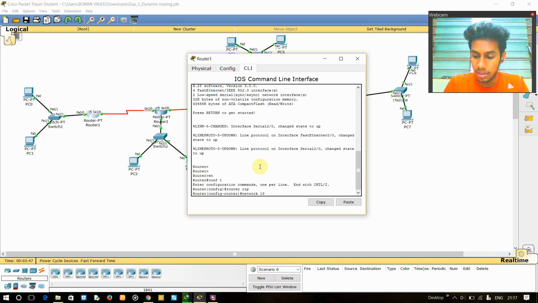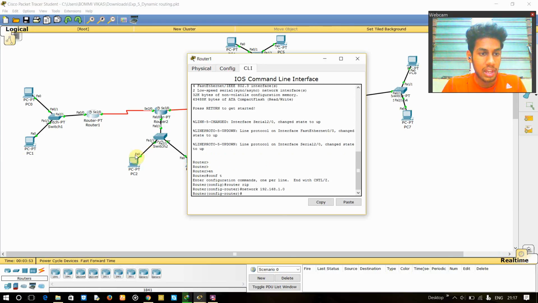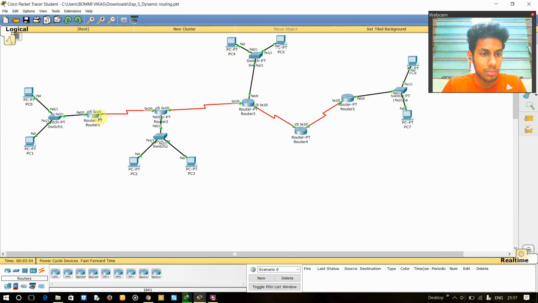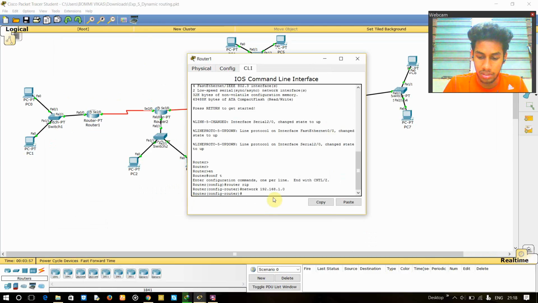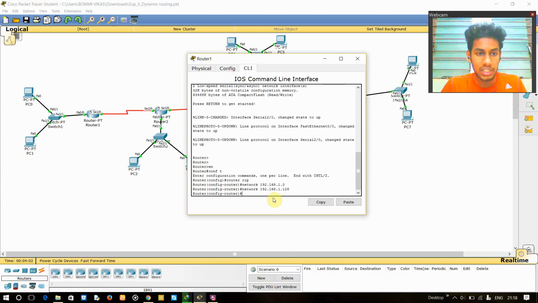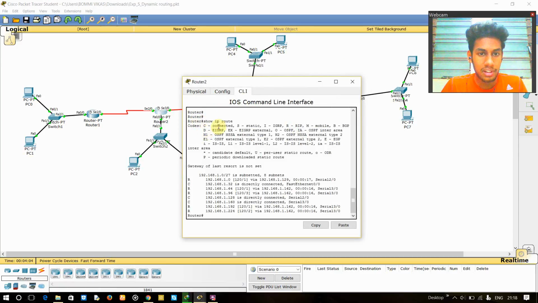Network 192.168.1.0 is connected to it, and the other network we're going to talk about here is the 128 network. So network 192.168.1.0 and 192.168.128.0. These are the two networks connected to router 1.